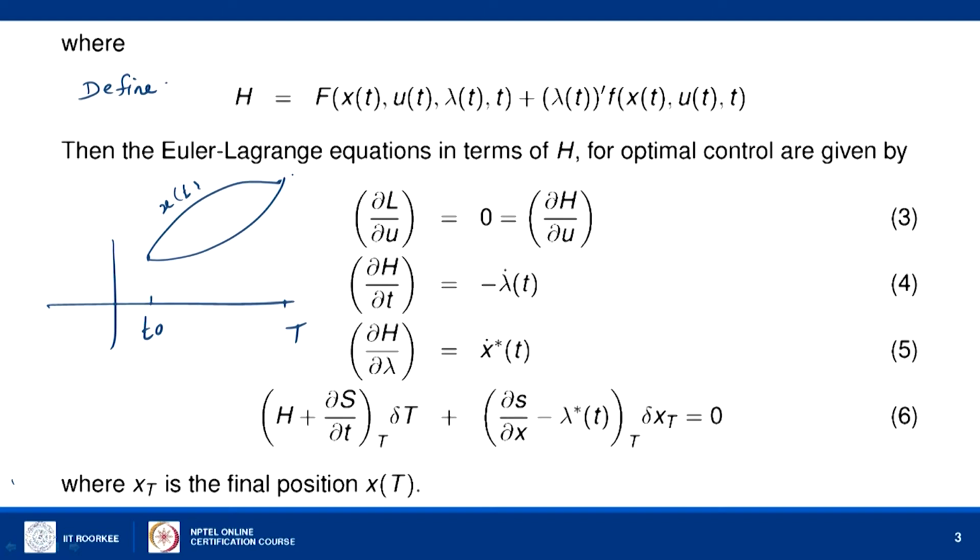T0 and capital T are also fixed values. So, in that case there is no variation in capital T because it is fixed, so del T is 0, and there is no variation in the final position, del x of T is also 0. So the condition 6 will not appear directly, all the conditions are given. We have to solve the system 3, 4, 5 subject to the given conditions. That was what we have seen in the last lecture.